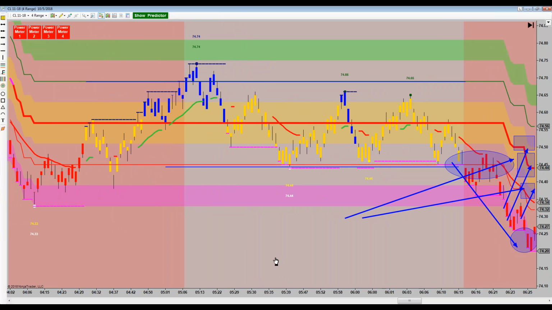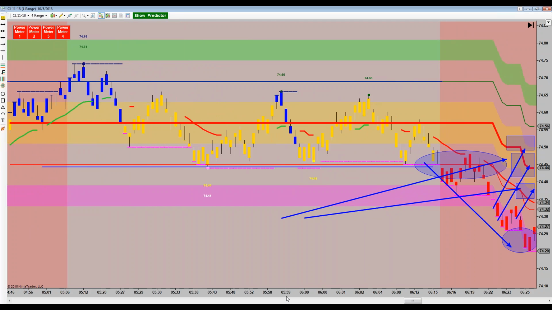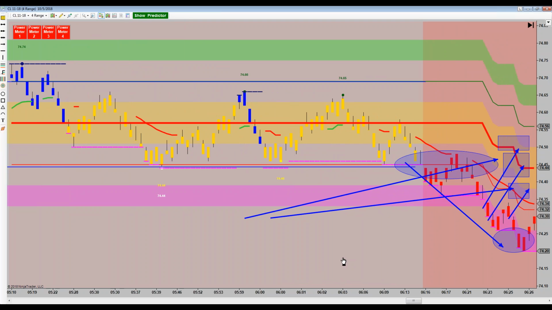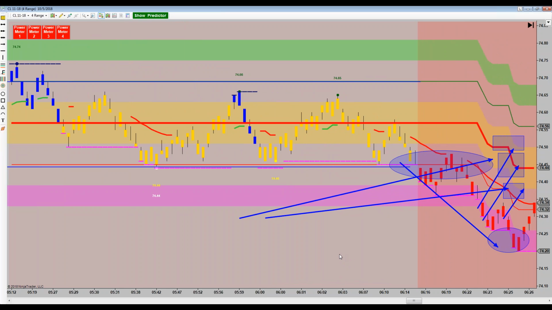I'll do it bar by bar. And I'll blow it up huge. Remember, you're typing in an S when you think the short trade is set up and is ready to take. Bar by bar.